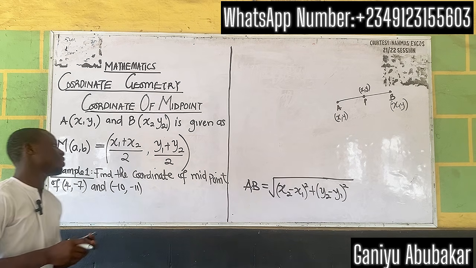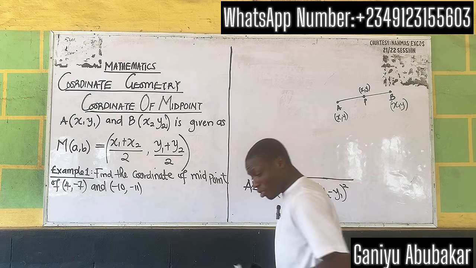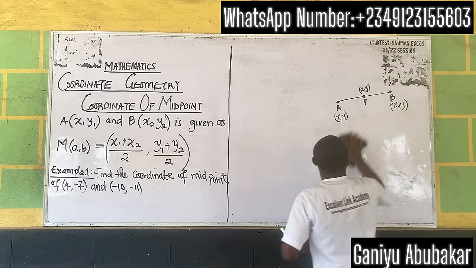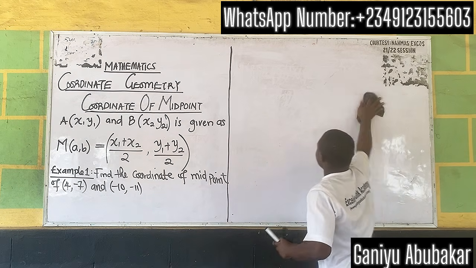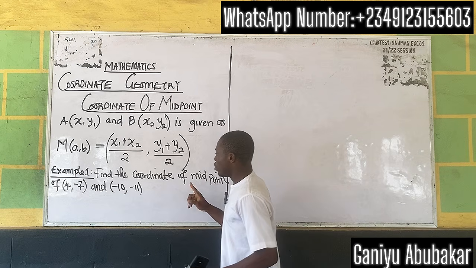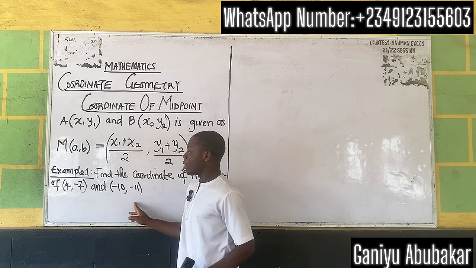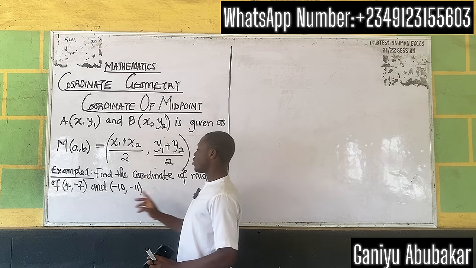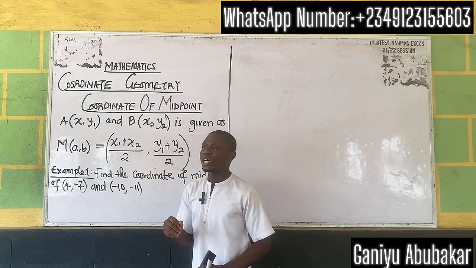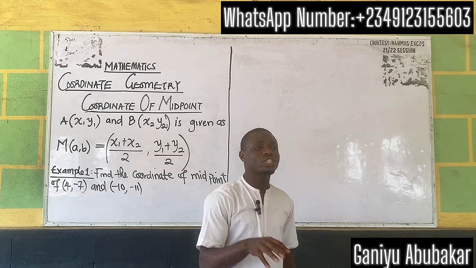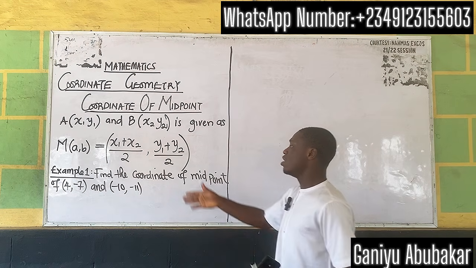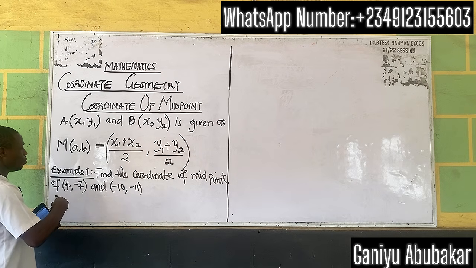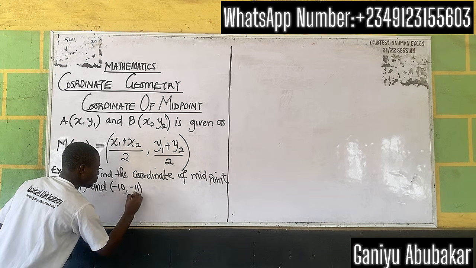So first things first, solution. To solve this question, it's simple: just recall your formula. You are given 2 points. Let me call this A, let me call this B. Find the coordinate of midpoint of this and this.